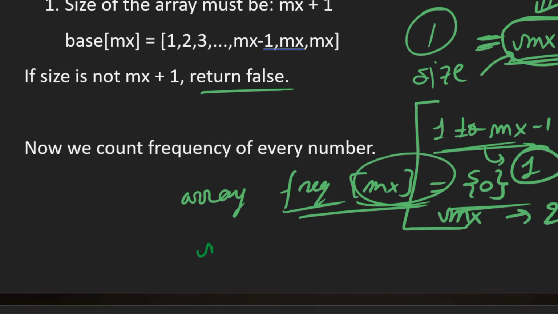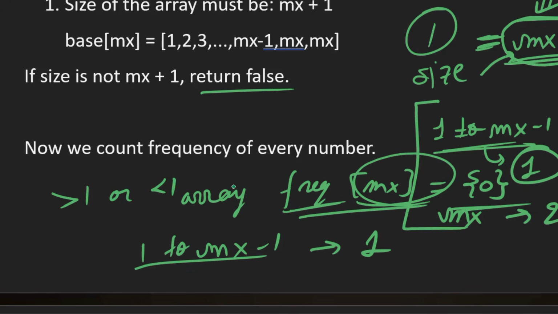And then we check whether the frequency of all the elements from 1 to mx minus 1 is 1 or not. If any element has frequency greater than 1 or lesser than 1 in 1 to mx minus 1, then the array is not base of mx. So we can return false, right?